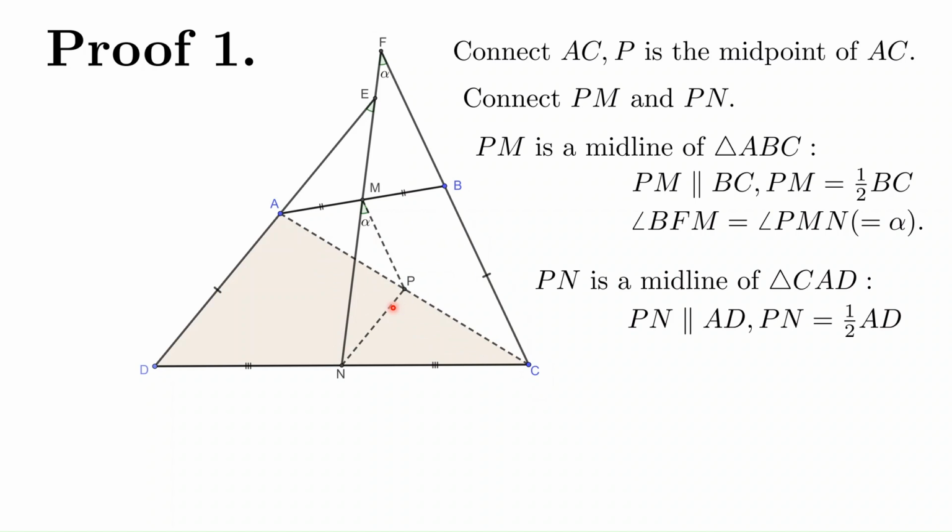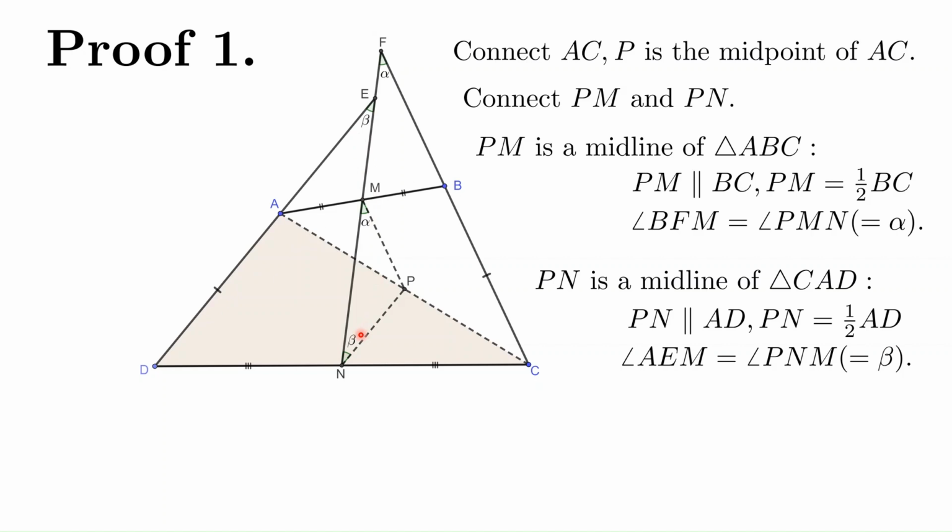So PN is parallel to AD and PN in length is one half of the base AD. Another target angle, AEM, is an alternate interior angle of PNM. They are congruent and labeled as beta.